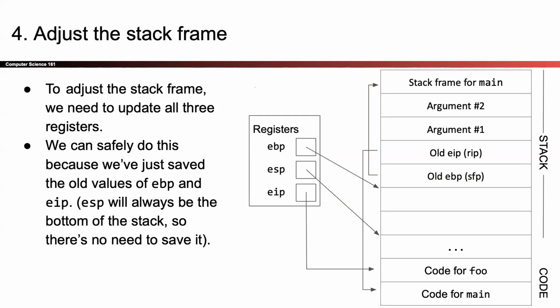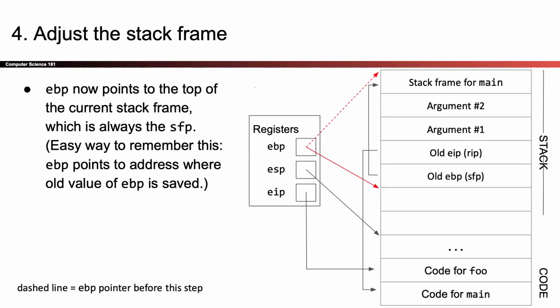Good. Okay, so we saved these registers. Now we can update them. We've been updating ESP. We can update the EBP downward to point to the beginning of the callee stack. So the EBP now gets adjusted. Now we have a new stack frame for the callee.